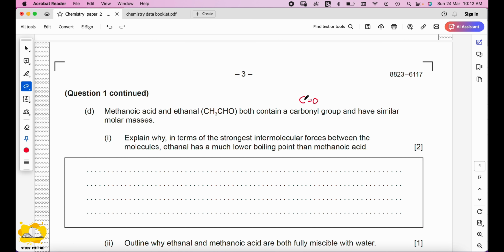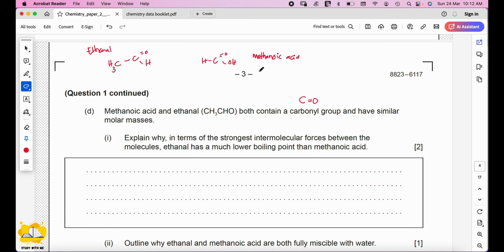Before we answer this question, let's see the structure of ethanal: CH3, C double bond O and H. For methanoic acid, it will be OH. So this is methanoic acid and this one is ethanal.